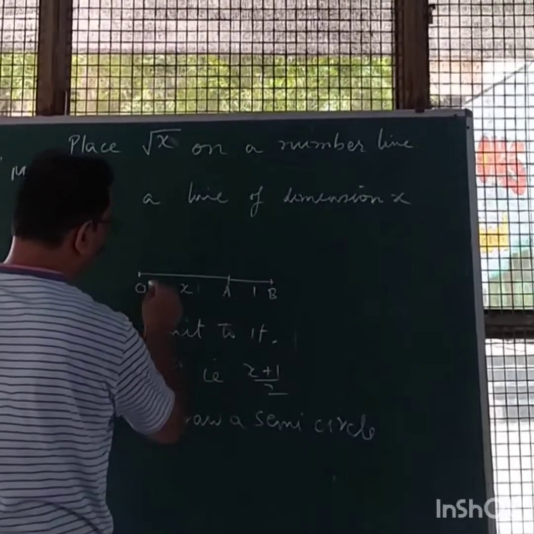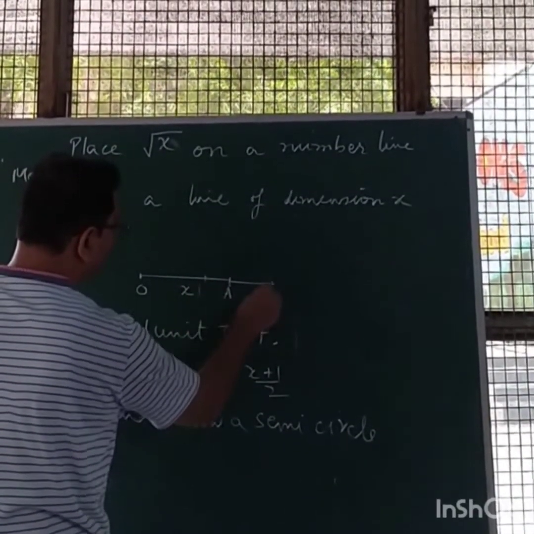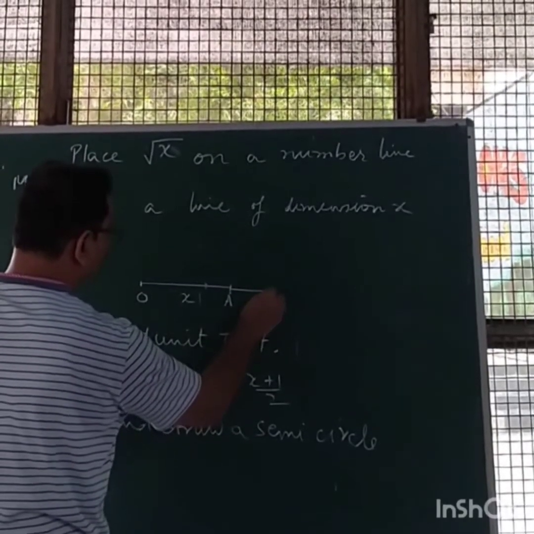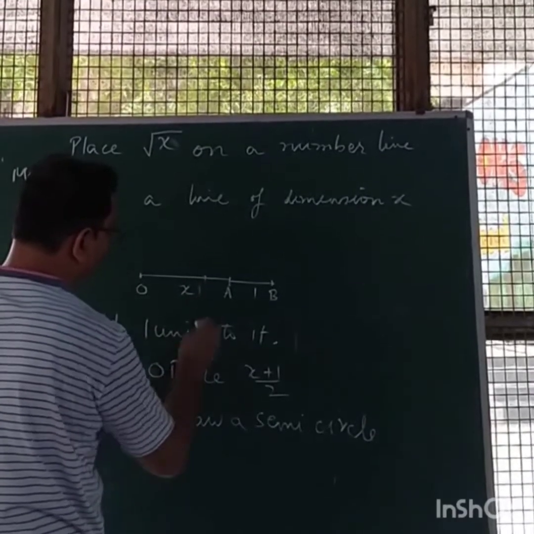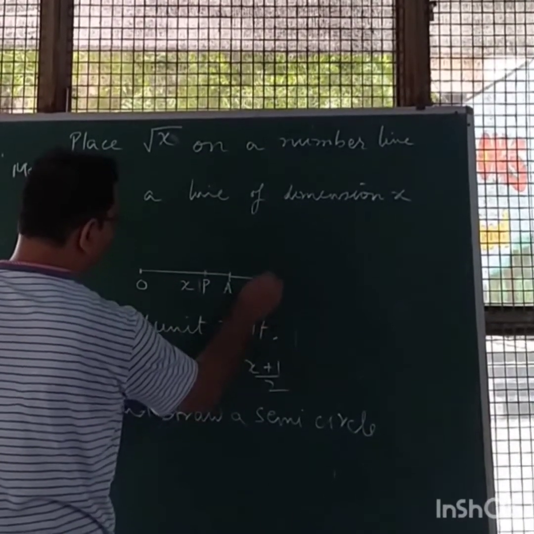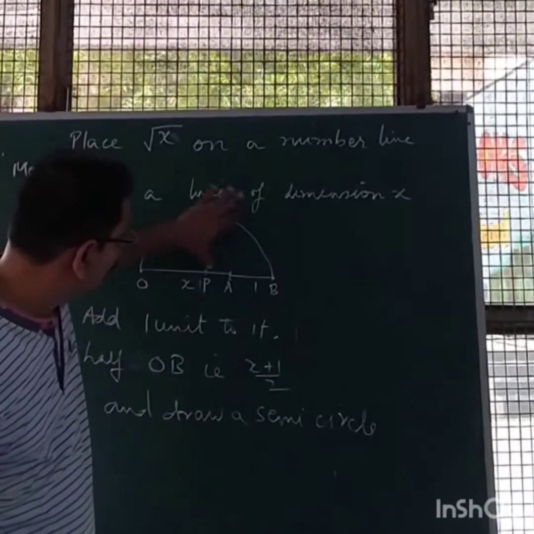So let us take this as half, and this point can be P. Taking this, we draw a semicircle with the help of a compass.